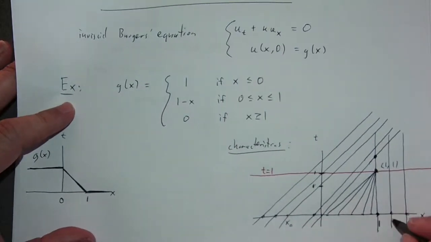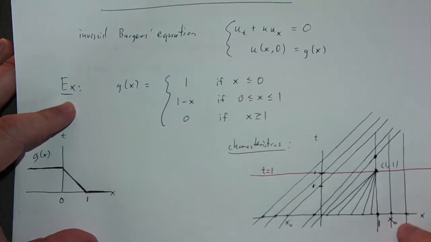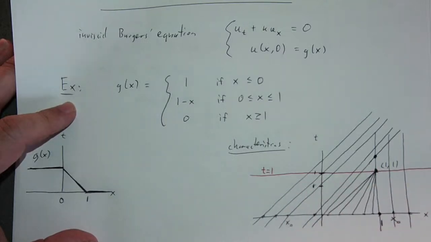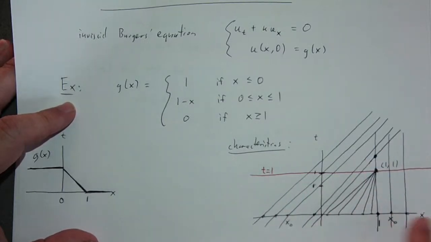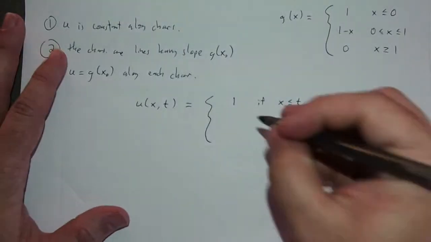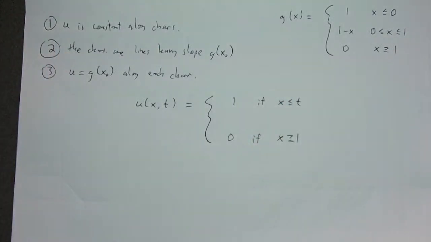Say this is my x naught. Now my slope is 0 with respect to t, so the value that u takes along these vertical characteristics is 0. So this should be 0 if x is greater than or equal to 1.